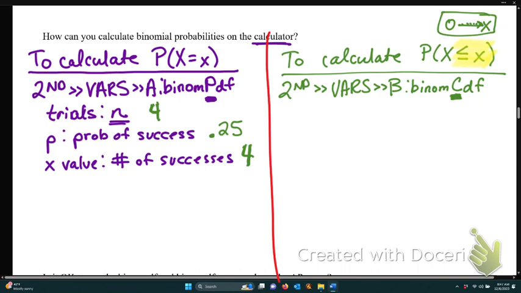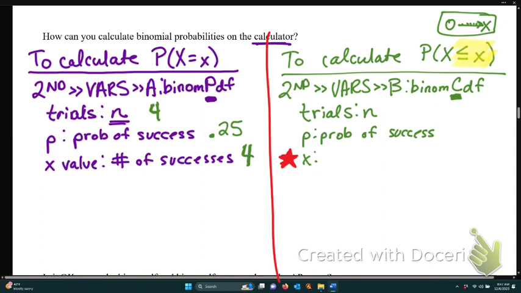All right, what does it ask you on your calculator when you go here? It asks you for the same thing. Trials is N, and P is your probability of success. Same thing, right? Now, here's the deal. X. This is where we have to be extremely careful when we are using binomial CDF.